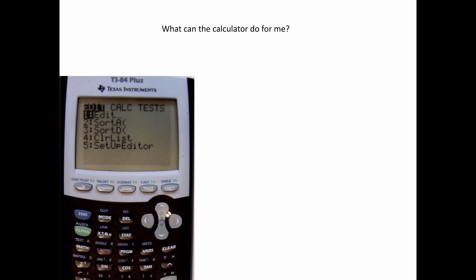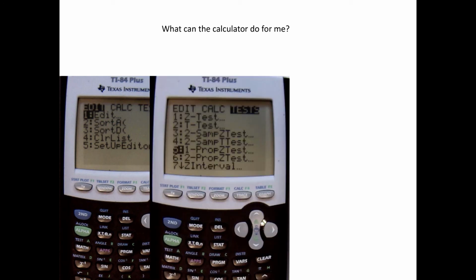And then the last part is, what can the calculator do for me? So in that last one, I did the calculation myself for the test statistic. I did that little formula. You can actually have the calculator do that part. If you just go to Stat, and then Tests, scroll down and find one proportion z-test.